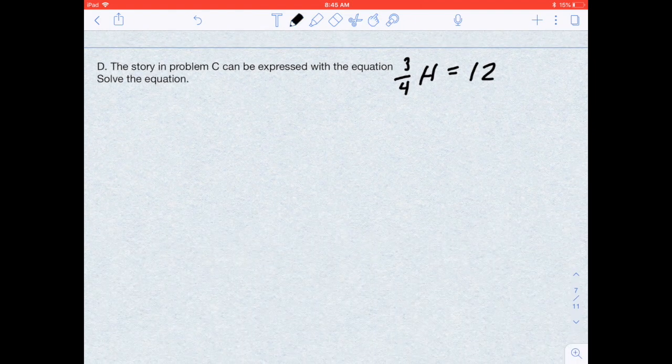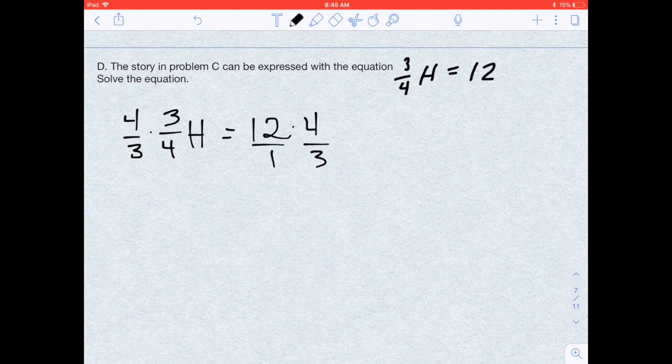All right, letter D. The problem in question C can be expressed with the equation 3/4 h, for homework, equals 12. Solve the equation. So I need to do it like I did in investigation 7. And I'm going to use reciprocals to get rid of the coefficient, because this cancels, this cancels, this cancels, this cancels.